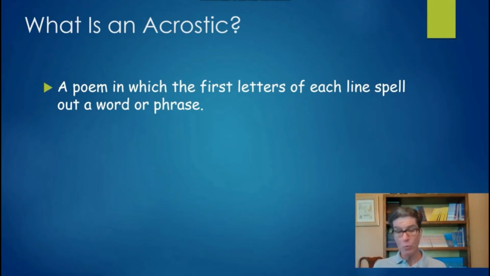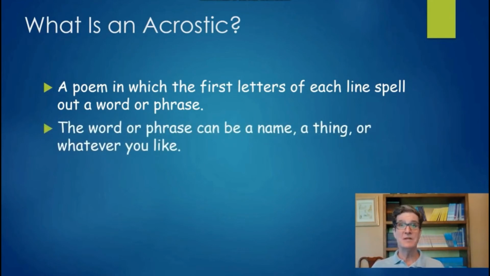Now, that word or phrase can be just about anything. It can be a name, it could be your name, someone else's name. It could be a thing, like something that you like or something that you don't like, or a place. Pretty much anything you like.